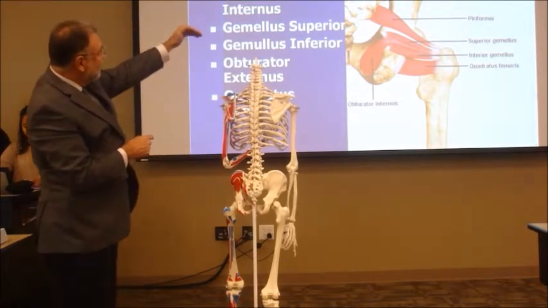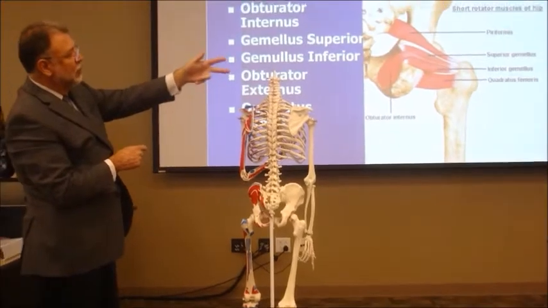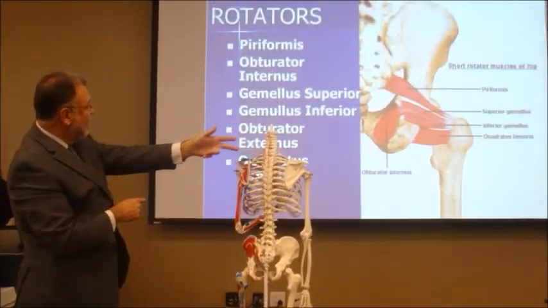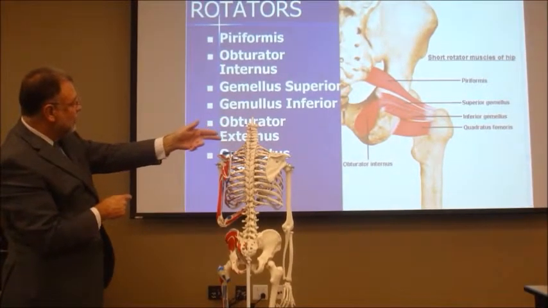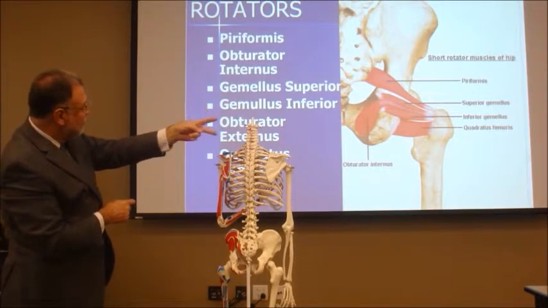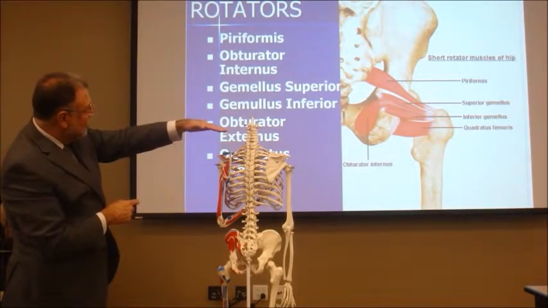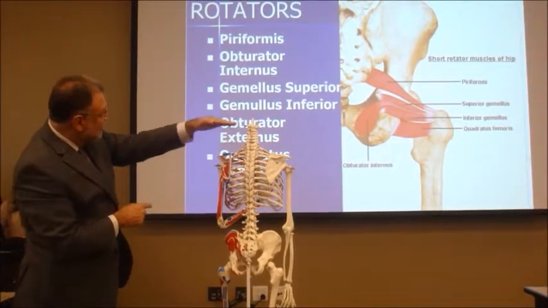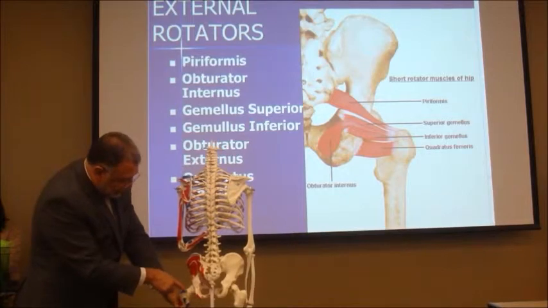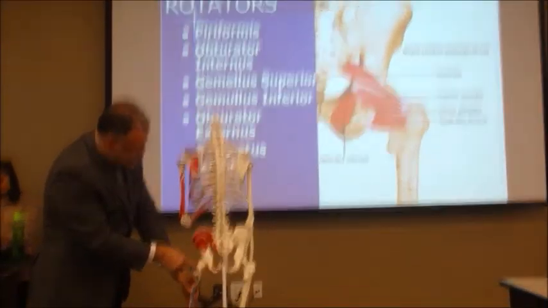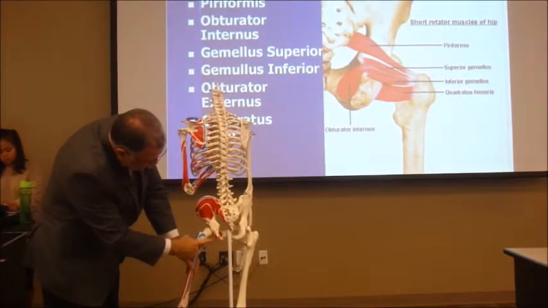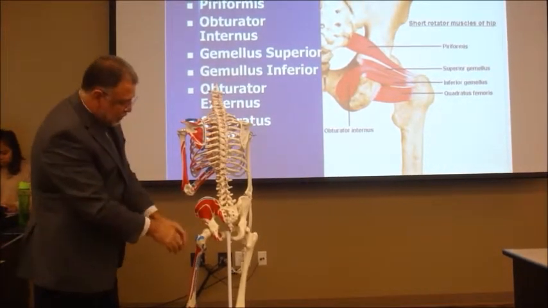After the piriformis, they're going to be followed by two twins, or the set of twins, the gemellus or gemelli, and in between is the obturator internus muscle. So the piriformis, two gemelli, and then in between the obturator internus, and the bottom one, as the piriformis was at the top and reaching all the way to the greater trochanter, the quadratus femoris is just a shortened band that is inferior to those external rotators.